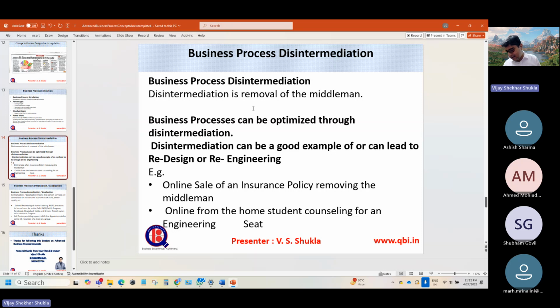For example, when the internet came up, it was said that insurance agents would be out of the picture and people would be able to buy insurance policies via the internet. If not all of them, for many of them, this could be an alternative channel.